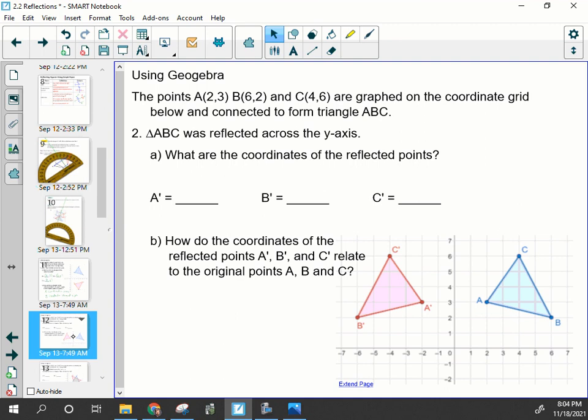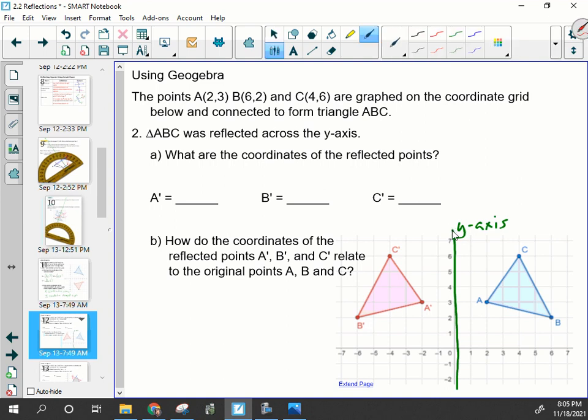Now at the bottom, again, using the same triangle ABC, we now reflected it across the y-axis, okay? The y-axis being the one right here, runs up and down, okay? That's the y-axis. And I got the red triangle A prime, B prime, C prime.